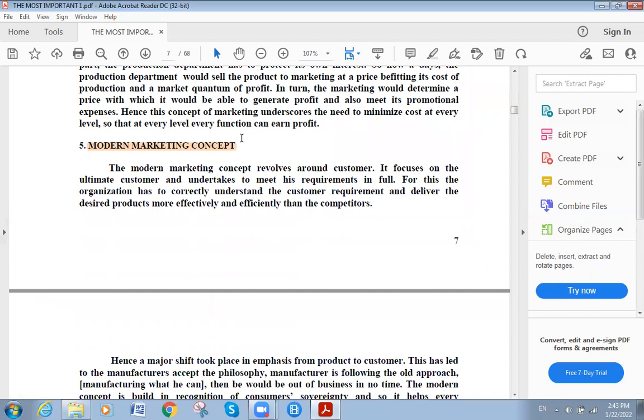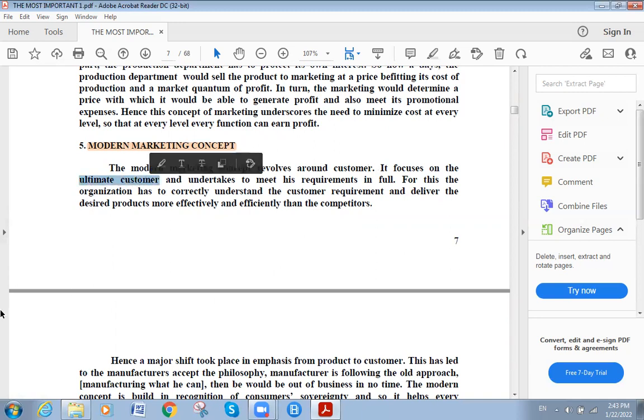We'll come now to what's very important, which is the modern marketing concept. And this is actually what's very important. The modern marketing concept revolves around customers. It focuses on the ultimate customer.